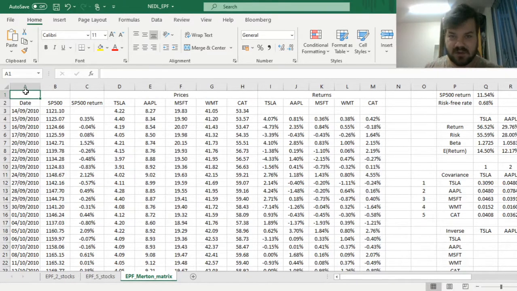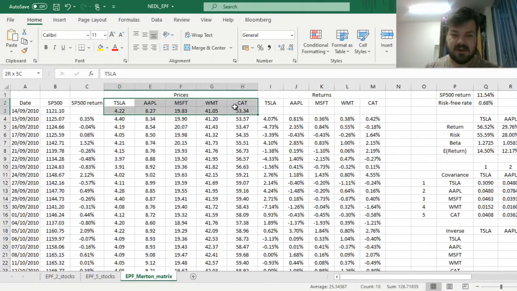To do that, one has to use quite complicated, at first glance at least, matrix algebra. The derivation of the formulas we're going to discuss today was completed in the early 1970s by the famous economist Robert Merton.